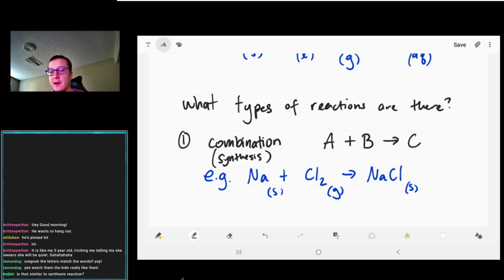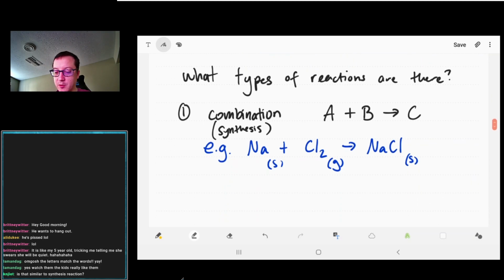If we were to try and guess the products of a synthesis reaction, for us this is going to be only for ionic compounds. We're going to learn in Gen Chem 1, if you have to take that, how to predict the products of more complicated synthesis reactions. But for right now, it'll just be ionic ones.